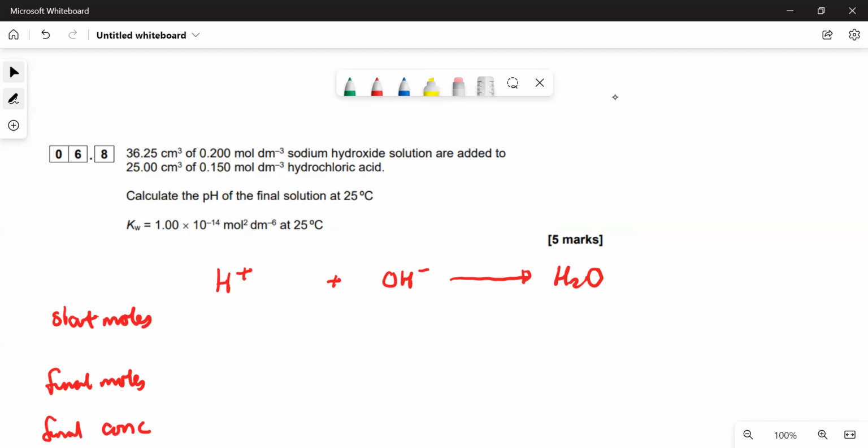Okay, so first of all, let's work out our moles of NaOH. That's going to be equal to concentration times volume. The concentration of the NaOH is 0.2 and the volume is 36.25. So we're going to do 0.2 multiplied by 36.25, and of course, we've got to divide that by 1,000 to give the volume in dm cubed.